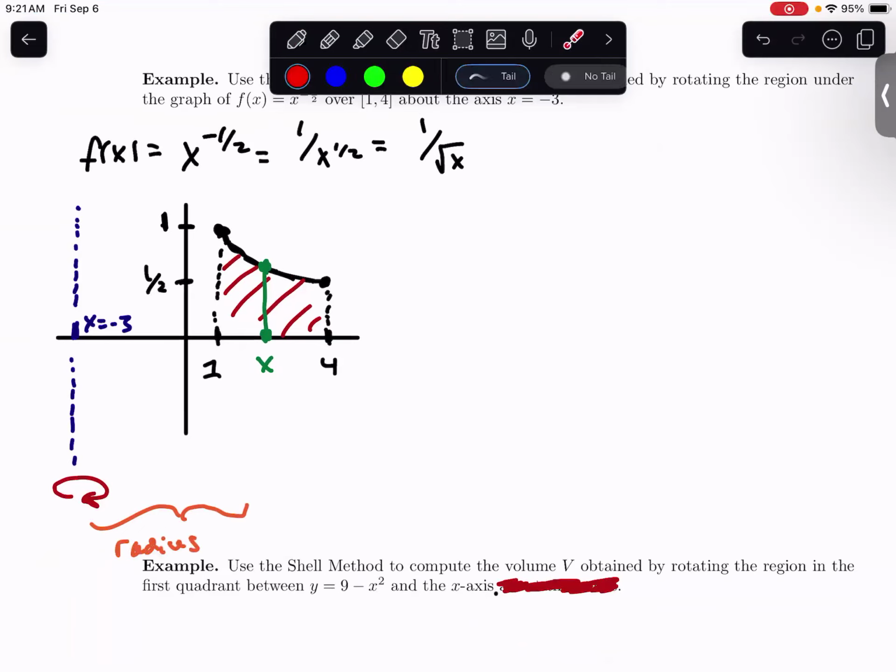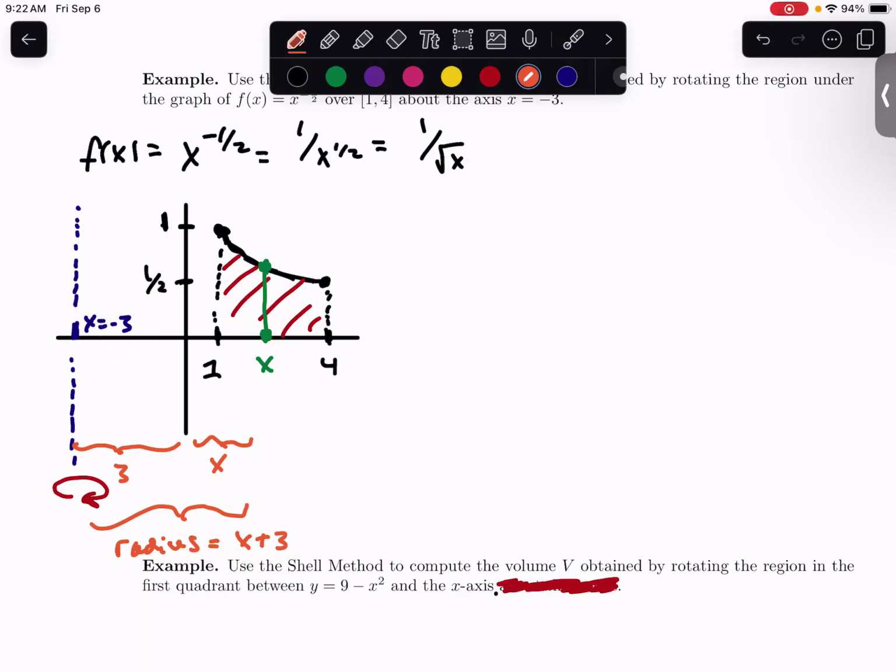Again, it's the distance from x is equal to -3 to x. You can view this as two smaller distances: we have this distance of 3, and then we have this distance of x. So the radius is going to be equal to x + 3. If you really wanted to find the distance, the formula is just given by x minus -3. So that's where this x + 3 comes in.